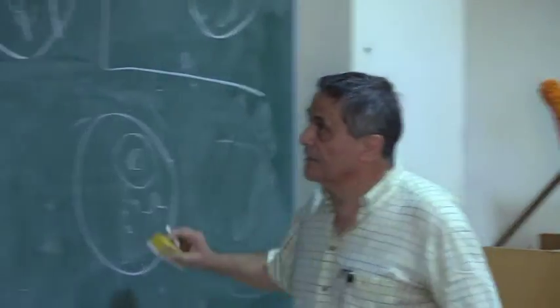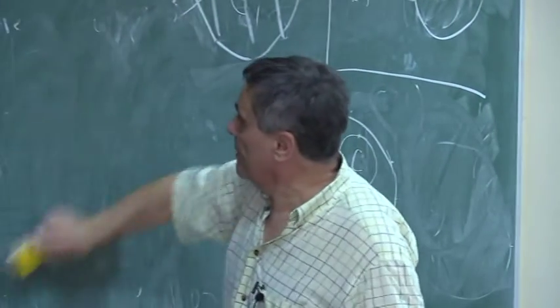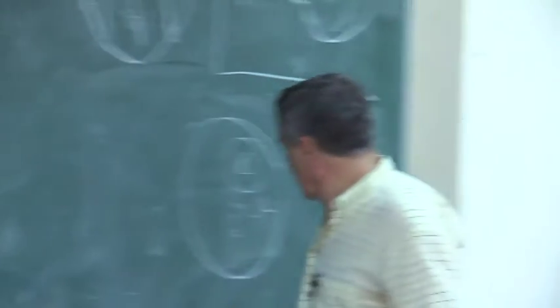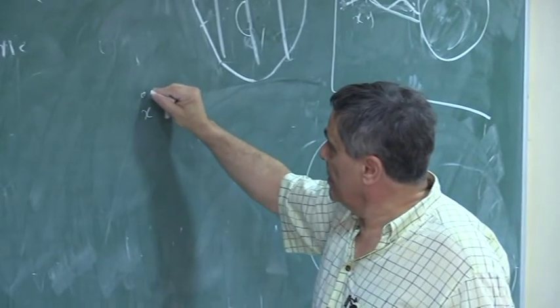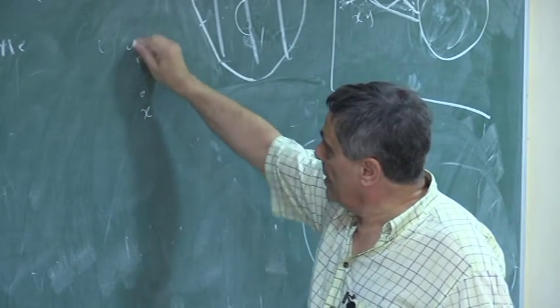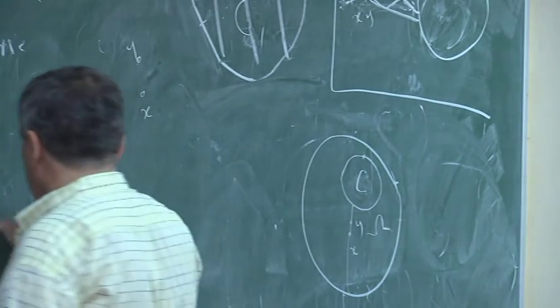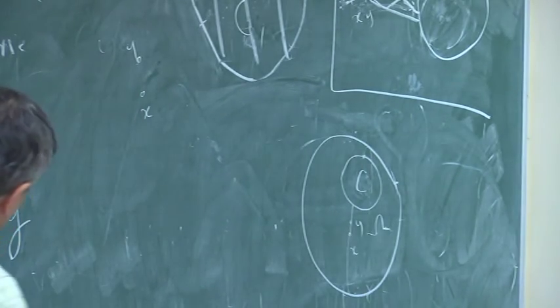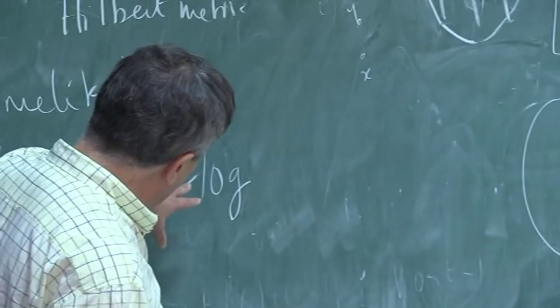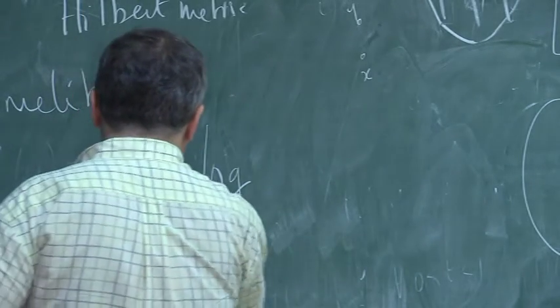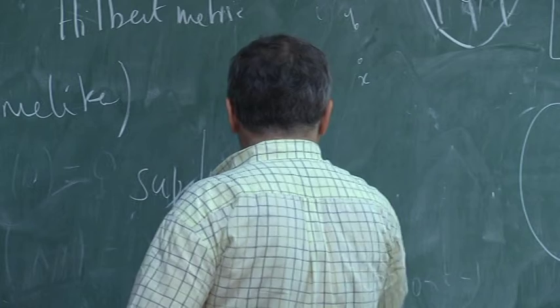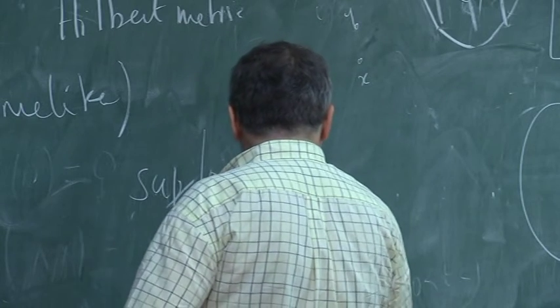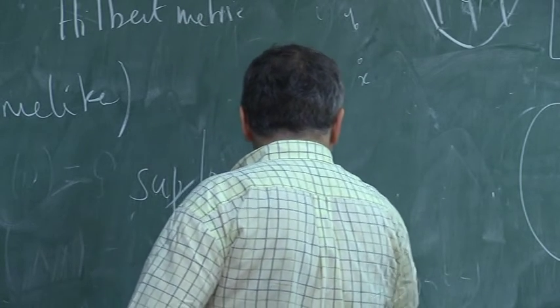You see, instead of defining the Funk metric, you take 2 points here, x and y, and then you want to define, I already forgot. So I want to put this sup before the log. So this is the sup of the log of x minus a divided by y minus a prime.